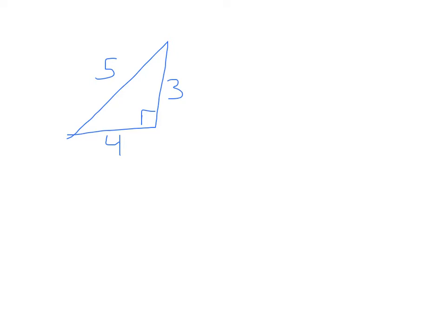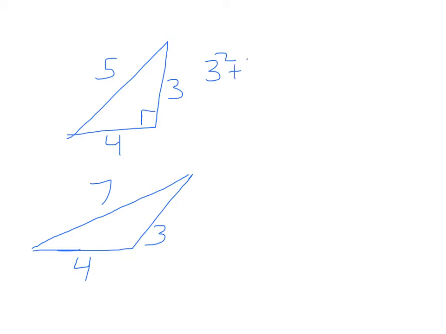Now, what happens if this stayed 4 and 3, but then this side got way longer than 5? Let's say 7. So here, 3 squared plus 4 squared does in fact equal 5 squared, right? That means we have a right triangle.